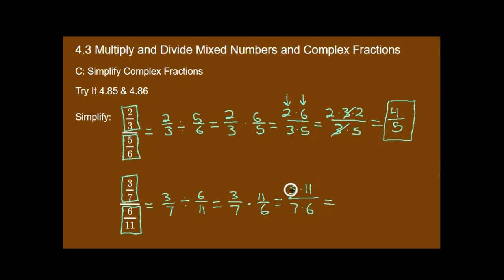And I notice that I have a 3 on the top and a 6 on the bottom, so I can factor out the 6 and get rid of the 3. 3 times 11 divided by 7 times 3 times 2. Get rid of those 3's, and I'm left with 11 over 7 times 2, that's equal to 11/14. And that is my solution, 11/14.